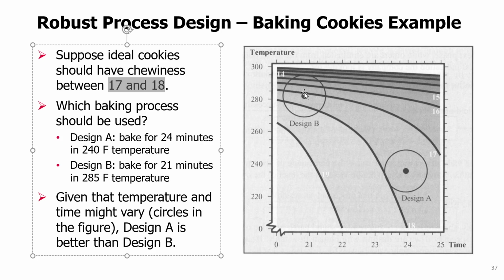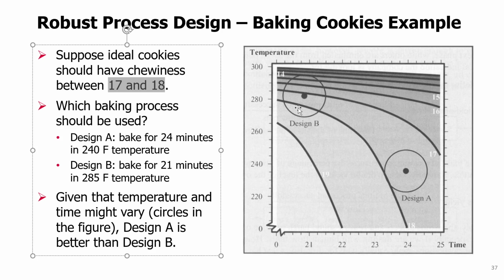Maybe the oven thermostat is not working very well, and the temperature becomes a little bit too high or too low for maybe all batches or for some batches. You will see that the circle that is here representing some variability around the point reaches chewiness of almost 14 or all the way to something like 18 and a half.